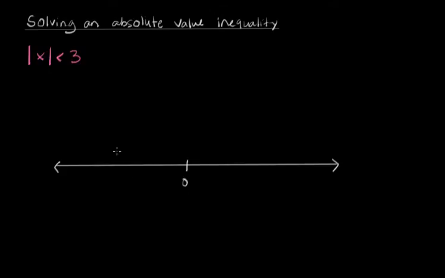So we need to think about the important players here. The important players here are going to be -3 and +3, right? We know that those are the numbers that are going to be involved. So if the absolute value of x is less than 3, that means that x could be 2, which would be around here somewhere.